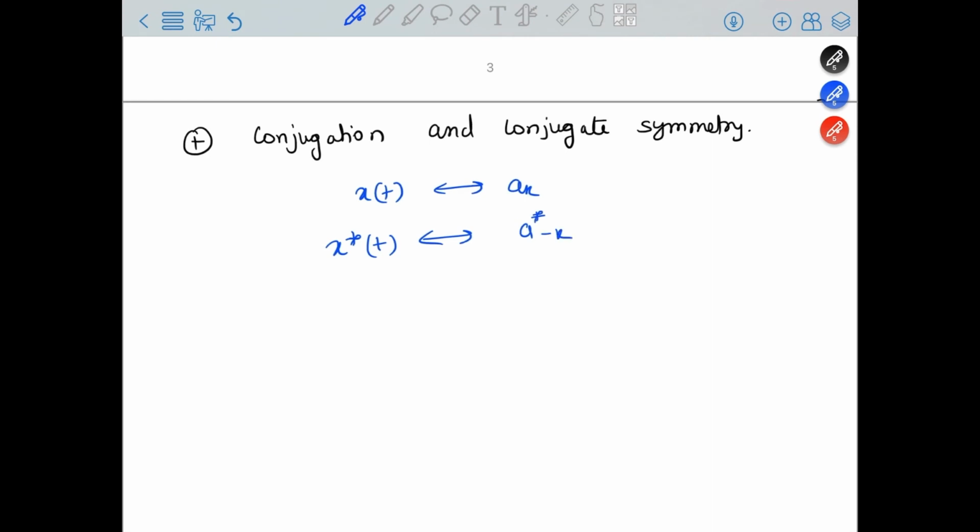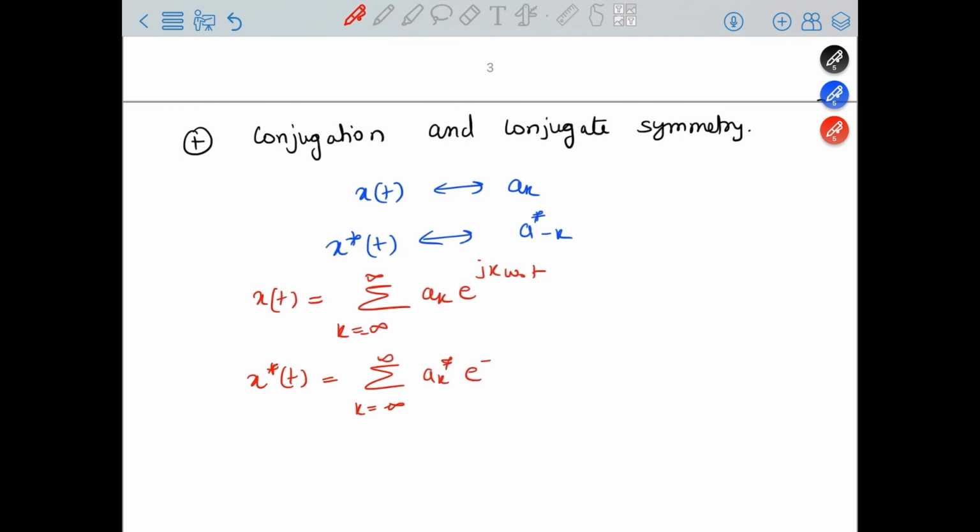So, how can we derive it? We can have a small derivation, though that is very easy. You can also do that. Suppose x(t) is represented with k equals minus infinity to infinity a_k e raised to the power j k omega naught t. So, the complex conjugate of x(t) will have a representation of a_k star times e raised to the power minus j k omega naught t.